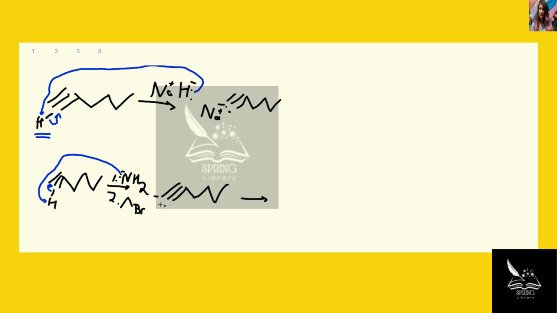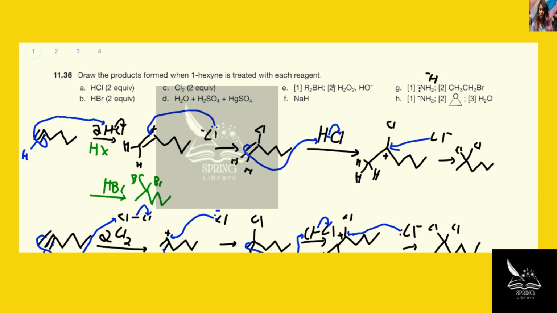So we're going to attack through an SN2 mechanism our electrophilic carbon, making a bond. When you make a bond, you kick off your best leaving group. In this case, it's a very good leaving group, being one of the halides. 1, 2, 1, 2. So we're good on carbons.